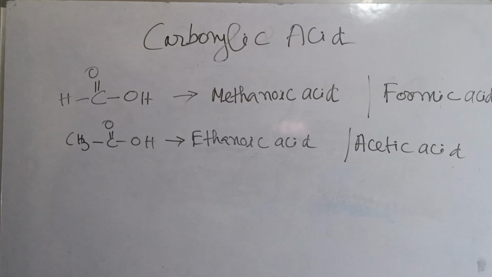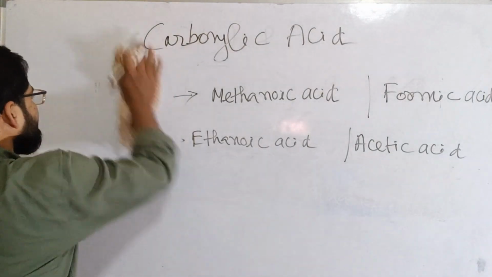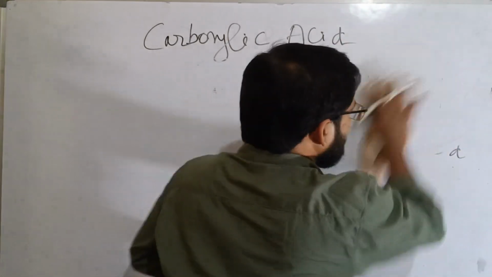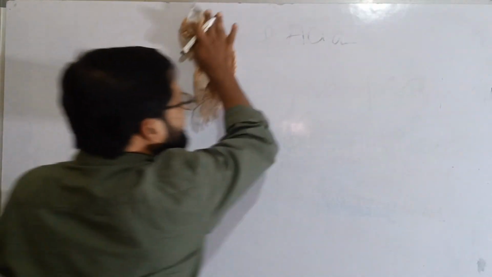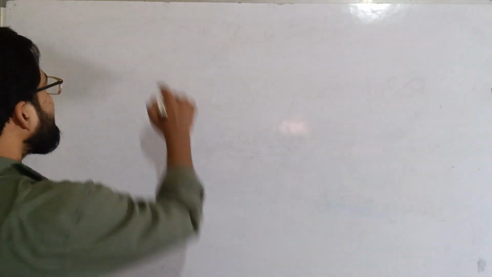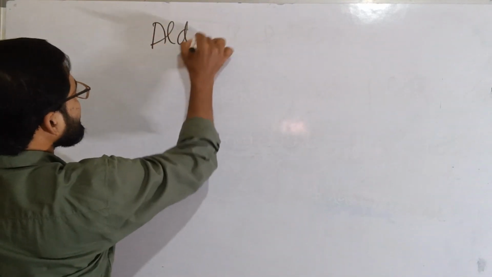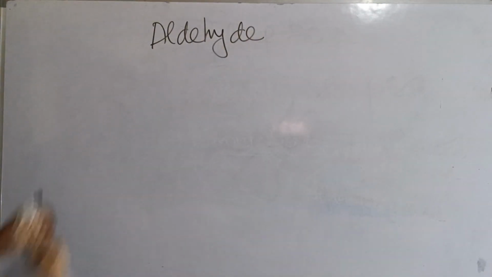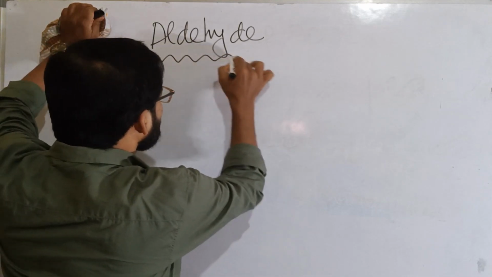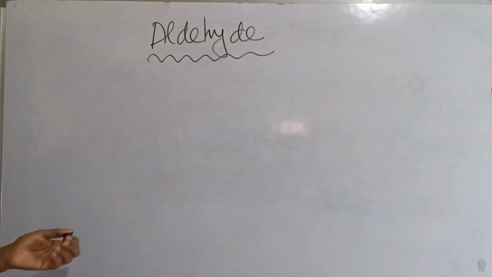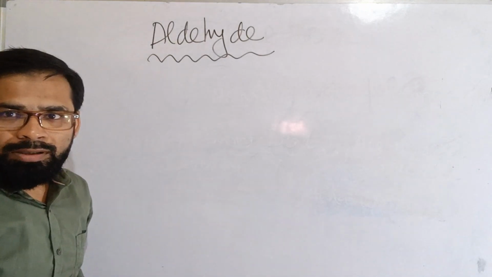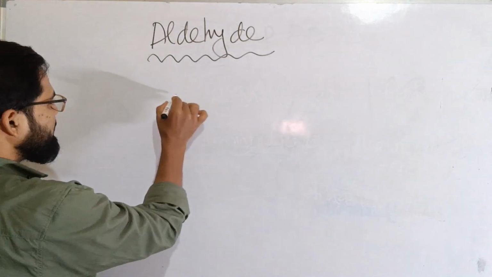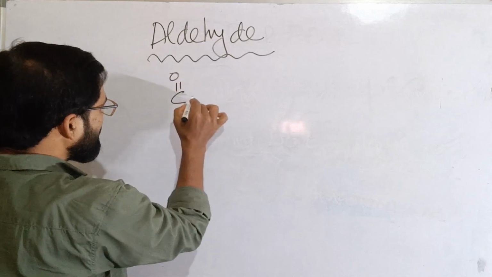Next functional group, that is aldehyde. The previous functional group we saw was carboxylic acid. So carboxylic acid, like this, COOH.